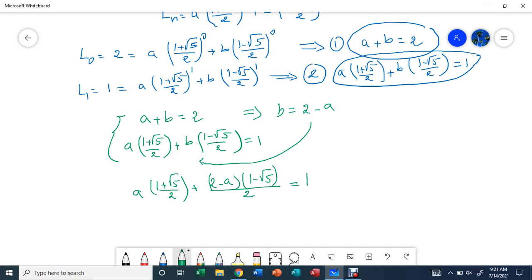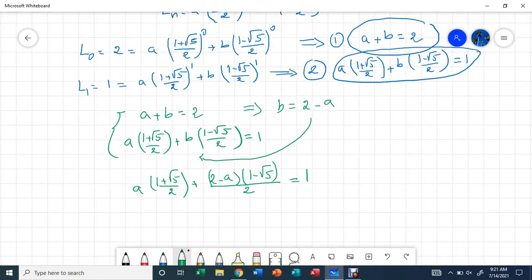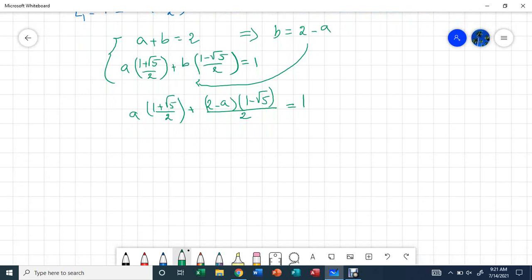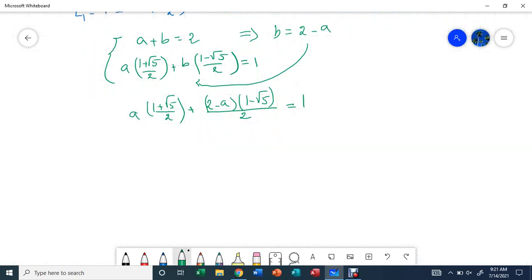Now let's simplify a little bit and try to find A, so I have only one variable and I can solve for it. If you multiply A by 1 plus square root of 5, I get A plus A square root of 5 over 2, plus, and I'm going to distribute these two expressions here.